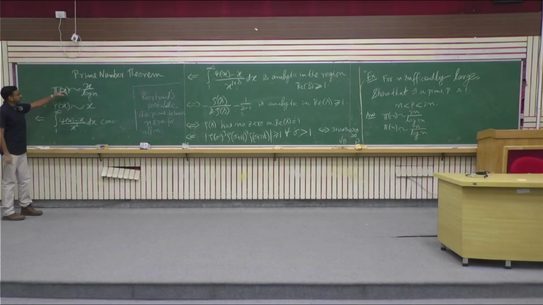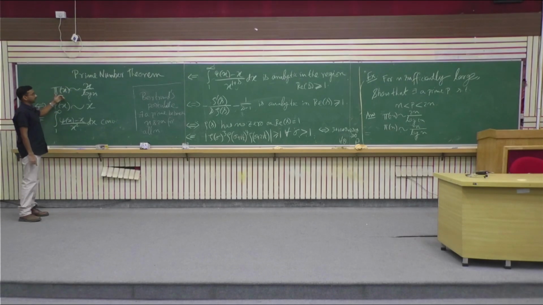just says that this divided by this, as you take the limit x goes to infinity, is equal to 1, right? And that would mean that as you take x large enough, the ratio of this divided by this is larger than anything, I mean even if you go a little bit to the left of 1, for sufficiently large x it is going to be larger than 1 minus epsilon. I mean choose any epsilon and it will be larger than 1 minus epsilon.